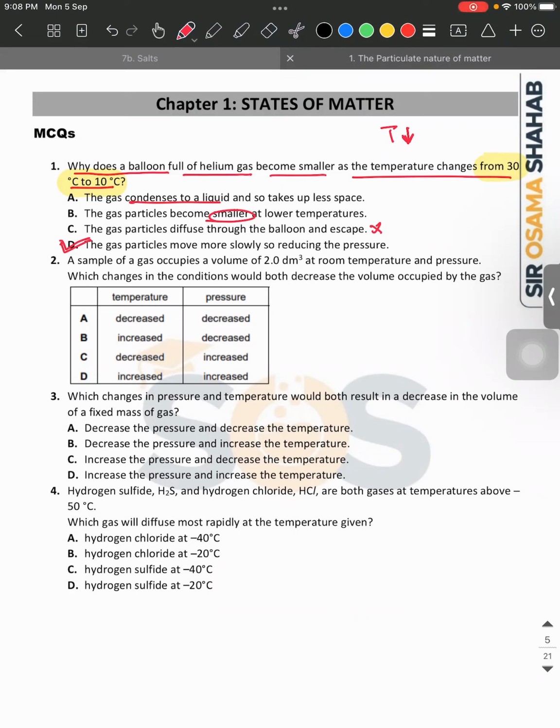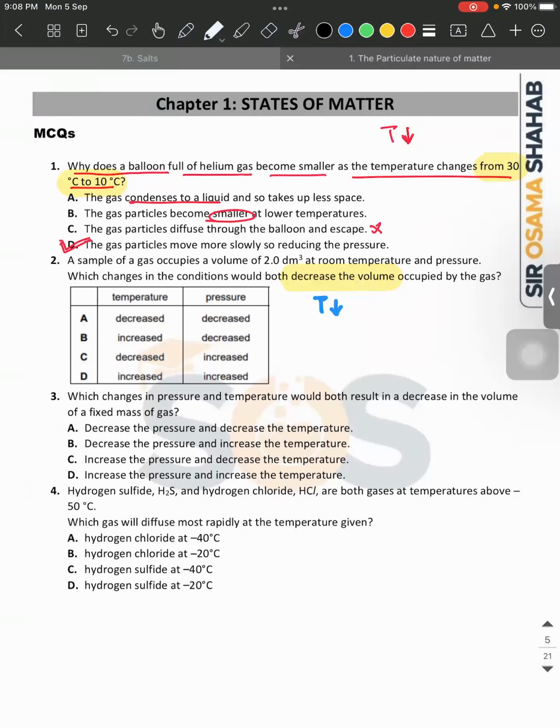You know that, children, if the temperature of a substance is increased, the particles start moving with more energy and then they take more space. So if you increase the temperature, the volume increases, we know this, right? So this means if we want to decrease the volume, you should not increase the temperature, you have to decrease it, right?